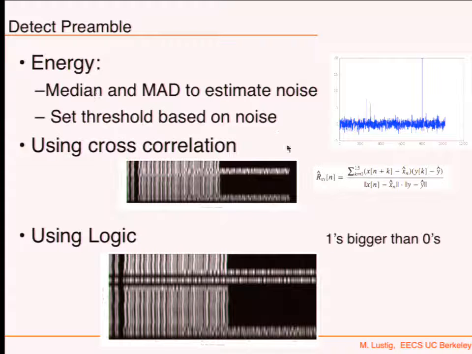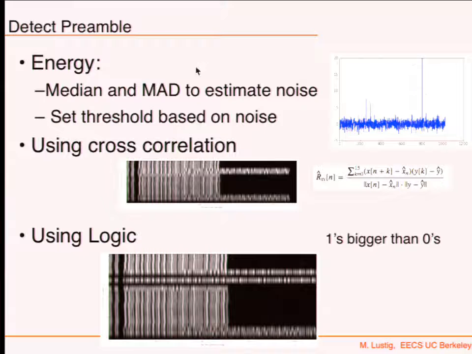One thing I didn't mention is that before searching on everything, you're going to threshold it based on the noise level, and you're going to estimate the noise level using what's called the median absolute deviation, which is a way to estimate the variance that is insensitive to outliers. Because when you see these packets, if you just computed a standard deviation, it would be heavily weighted by those large signals.